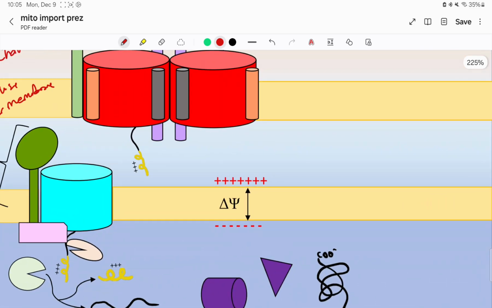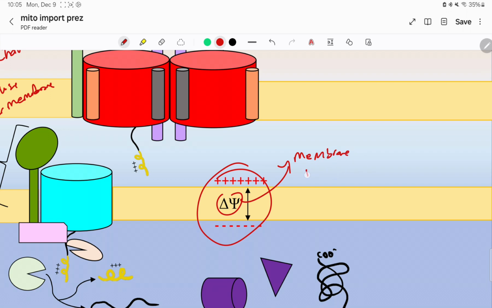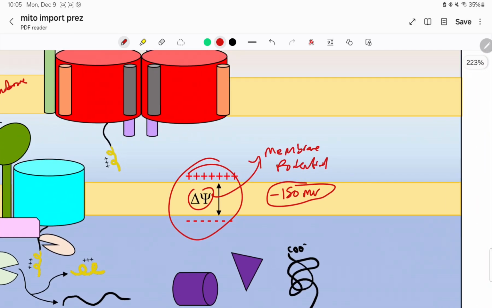Another thing I want to introduce you to is this symbol. What is this entire thing referring to? This specific symbol refers to a membrane potential. It's basically saying that the mitochondrial membrane has a membrane potential, and it's usually about negative 150 millivolts. Now you might be saying, hey Keon, how does it have a membrane potential?